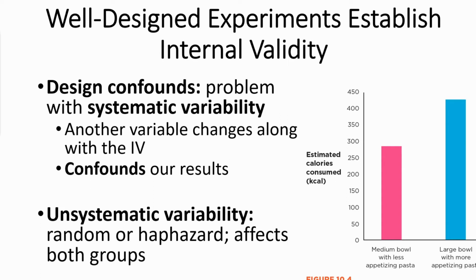So a good experiment, a well-designed experiment, can establish internal validity, but we still have the potential problem where a poorly designed experiment, or an experiment where the researchers missed something, could still lack internal validity. So when we're investigating internal validity, we have to be just a little bit more critical to figure out if this is in fact a well-designed experiment, and if we can trust it to have internal validity.